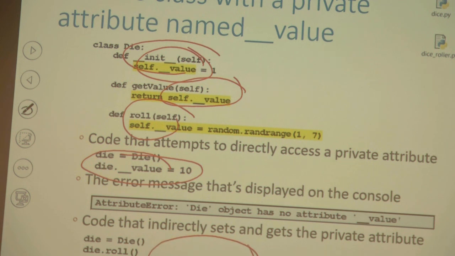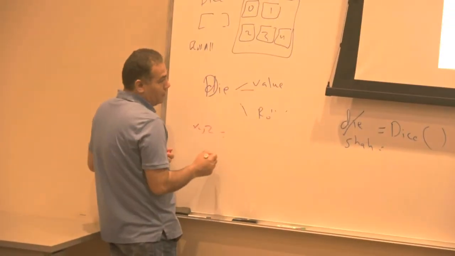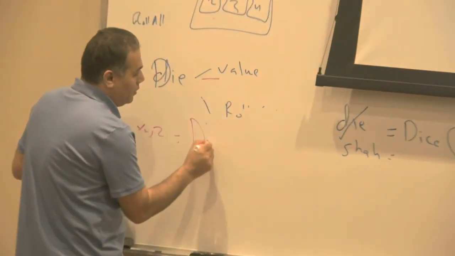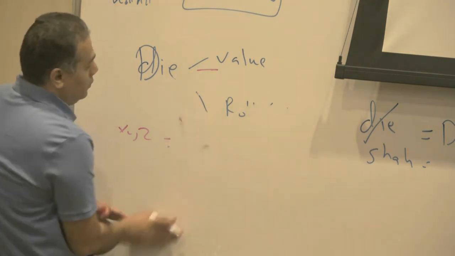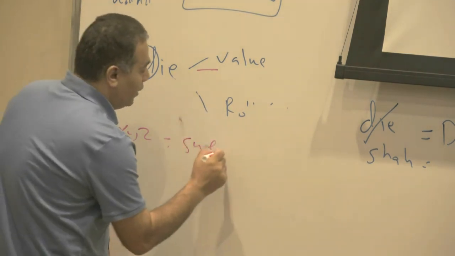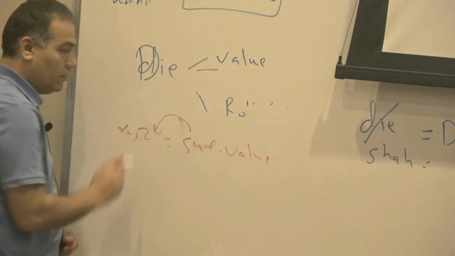So in here, for example, if I need to read the value, all I have to say, for example, XYZ equals Sue.value, so the value will go here.